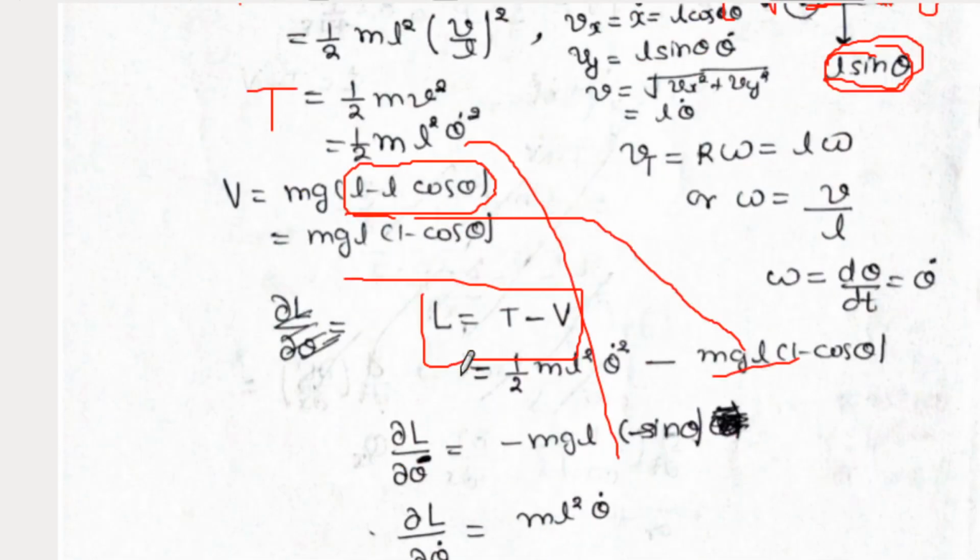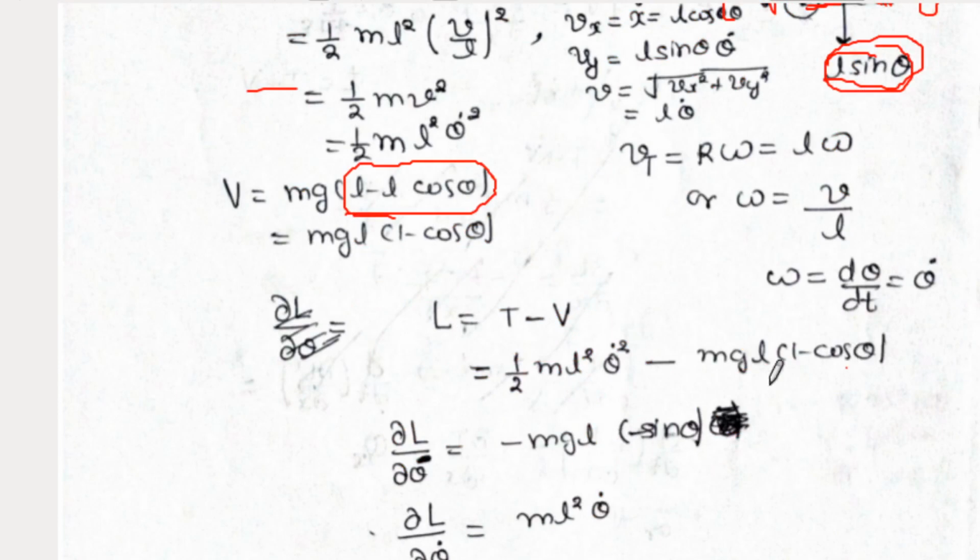So you can now identify the generalized coordinate and generalized velocity. So theta is here our generalized coordinate, and theta dot will be the generalized velocity. Other things are constant in this Lagrangian. So when we take the partial derivative of L with respect to theta, you get mgL, and when you take this derivative, this will be sin theta, right?